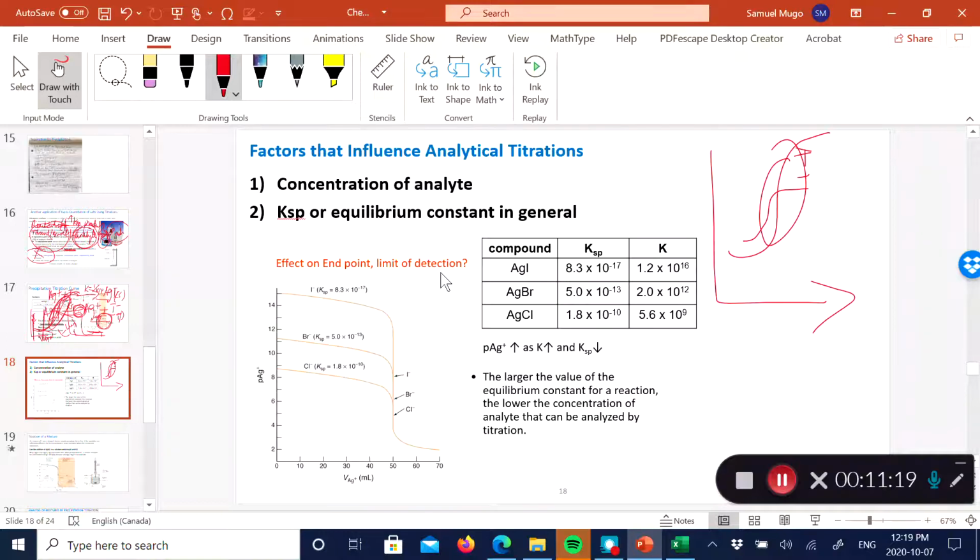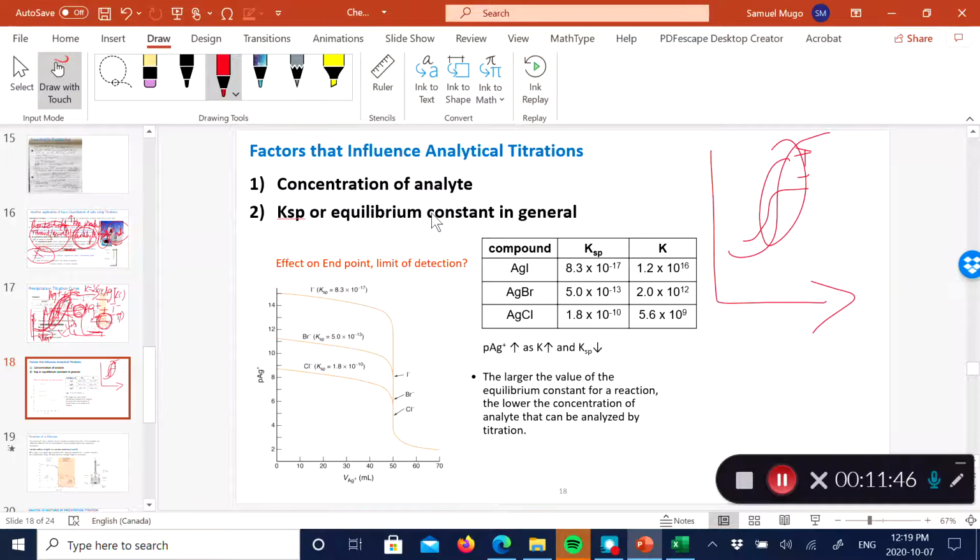Hopefully that's clear. Now the other factor that affects precipitation types of titrations is the magnitude of the KSP. Very important: how big the KSP is, or the equilibrium constant, which we've said are related, because the equilibrium constant for the titration reaction is the inverse of the KSP.